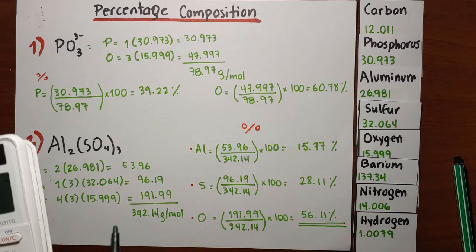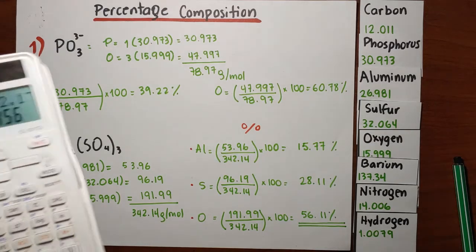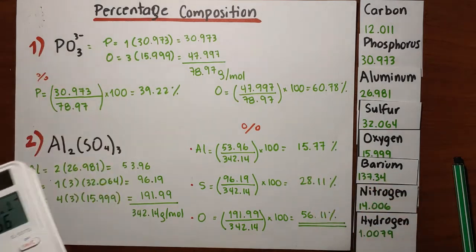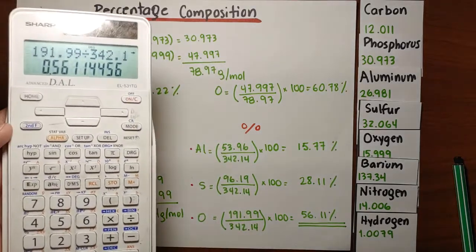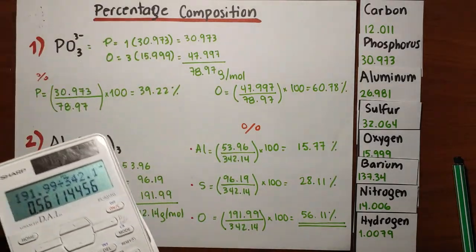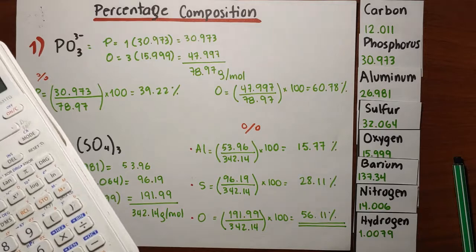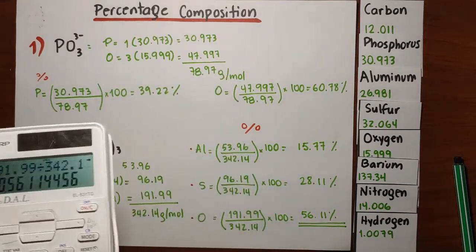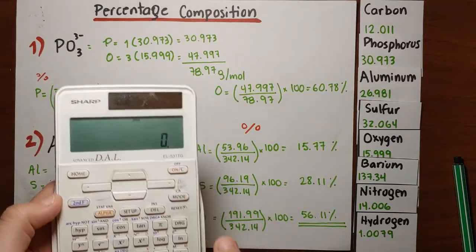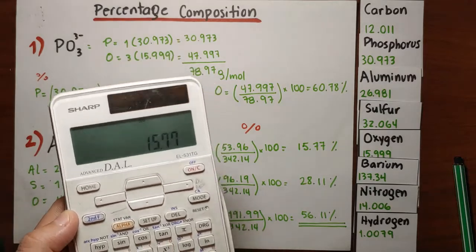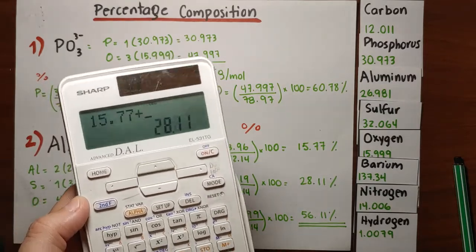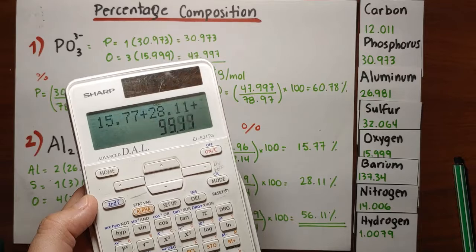Now, in order to make sure that I did the right process, I'm going to add them, and I should get 100. 100 or 99.99, 100.01, 02, all of them are allowed, are good answers, okay? So 15.77 plus 28.11 plus 56.11.